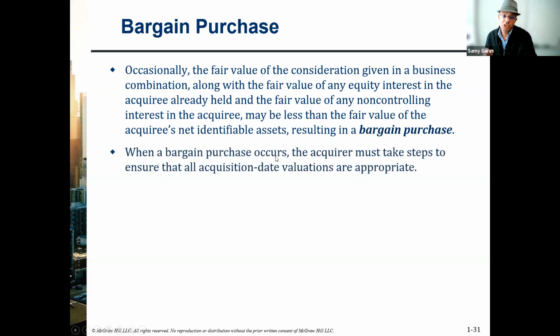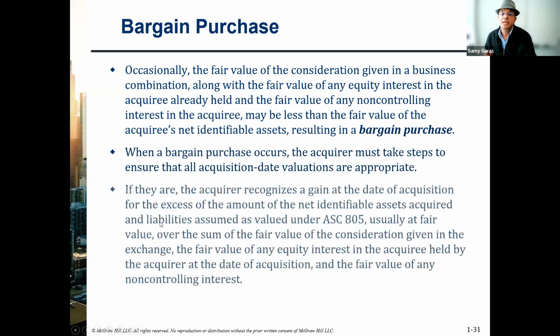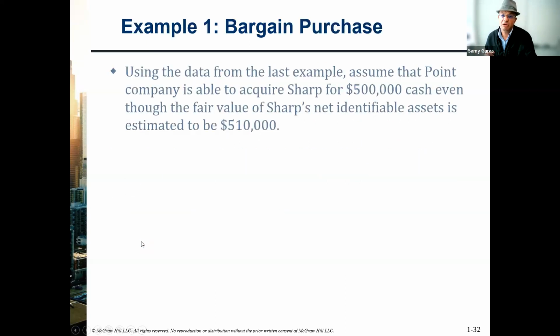We call it bargain purchase. When a bargain purchase occurs, the acquirer, which is the parent company, must take steps to ensure that all acquisition date valuations are appropriate. And then we start to do the calculation. Here, if we use the data from the previous example, if you remember, we said we paid 610, but now we paid 500.